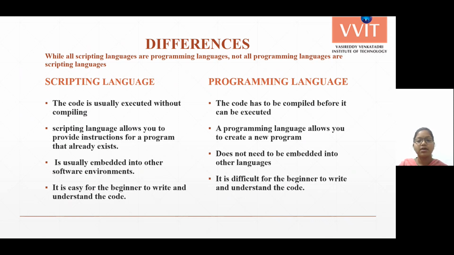In web applications, we write the main program using the programming language, and for user interaction with that web application, we develop some user interfaces. To communicate with the server, we require some instructions, and these instructions are given to that program written in the programming language using the scripting language.